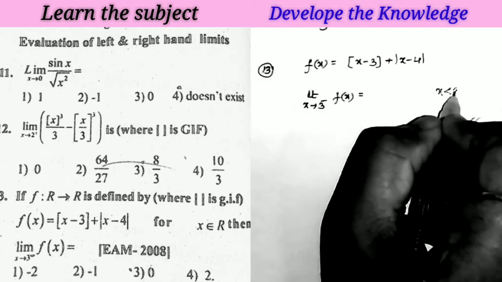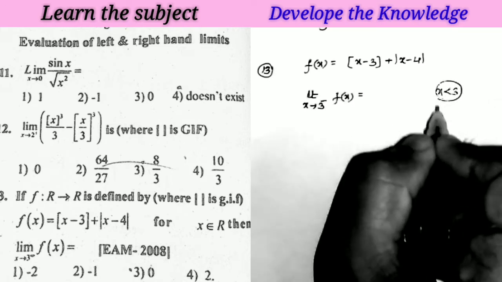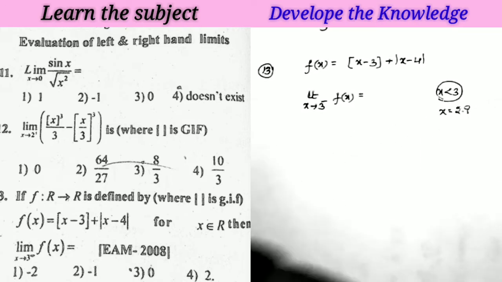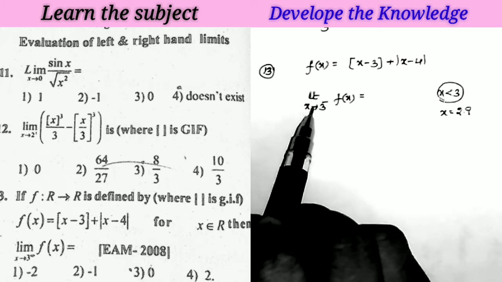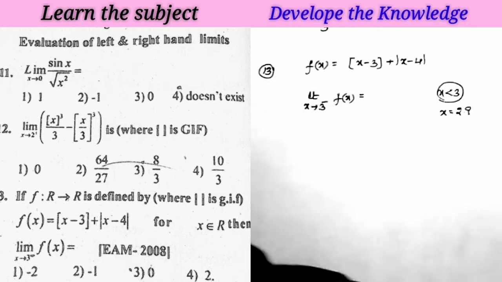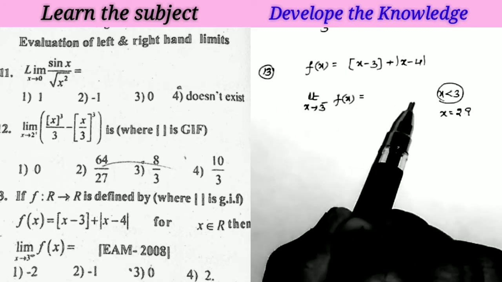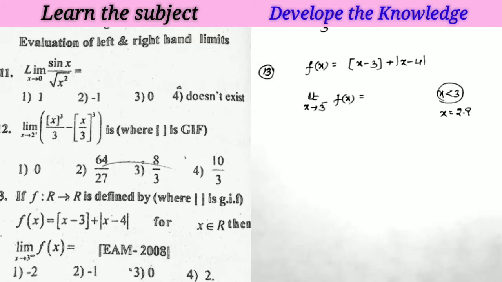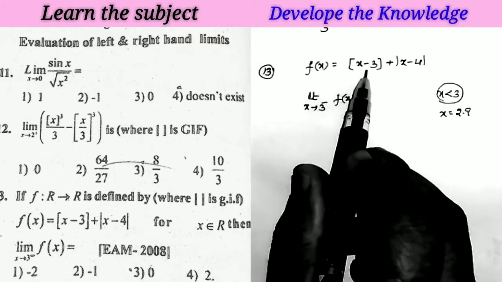So I take the value 2.9, very close to 3 and less than 3. Now what is step of x minus 3?